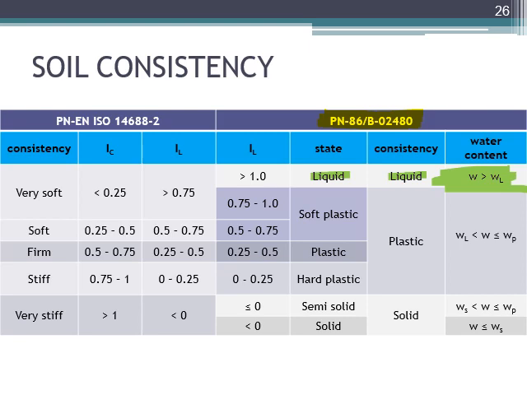If the soil has got the water content between the plastic limit and the liquid limit, then the consistency of the soil is plastic, and the state can be either hard plastic, or soft plastic.